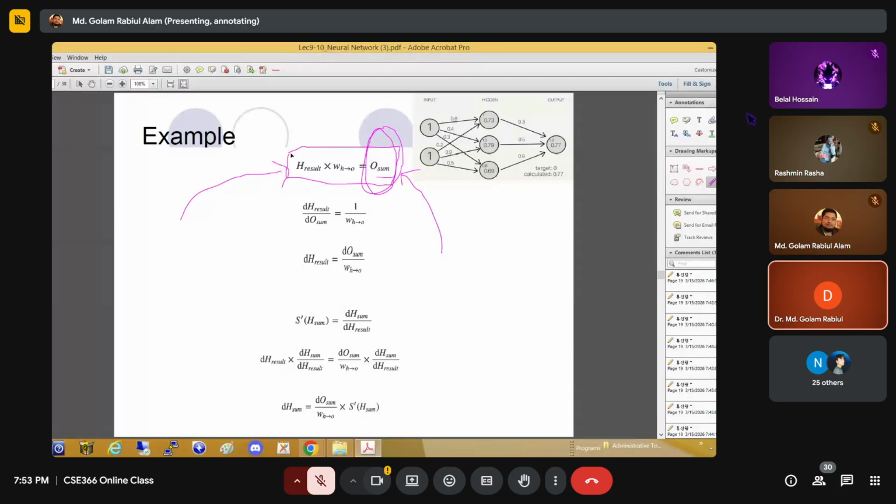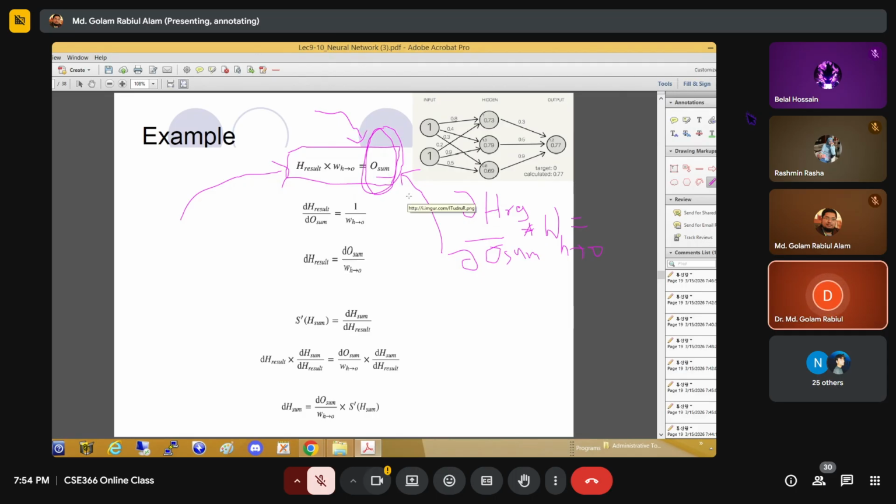Okay. So if we take the derivative with respect to O sum, then it will be delta hidden results, delta O sum, and then WHO, equal to, here is this O sum.